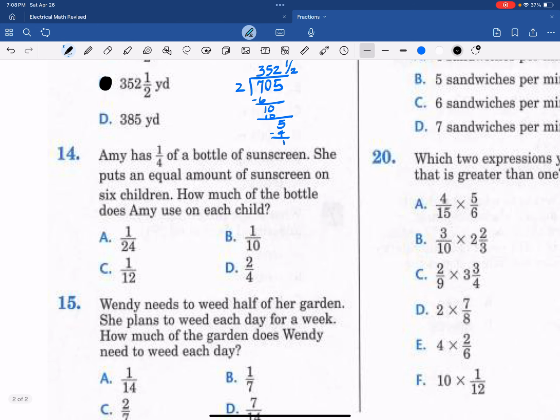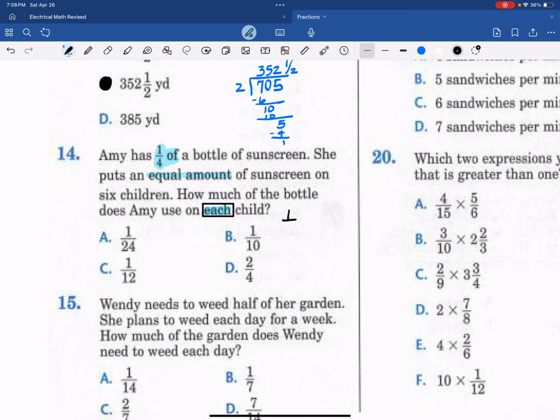Amy has 1/4 of a bottle of sunscreen. She puts an equal amount of sunscreen on 6 children. How much of the bottle does Amy use on each child? So this time I need to look at the question for my keyword, and it's "each." This is division.